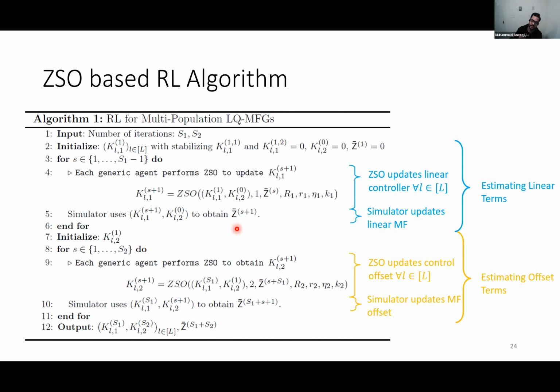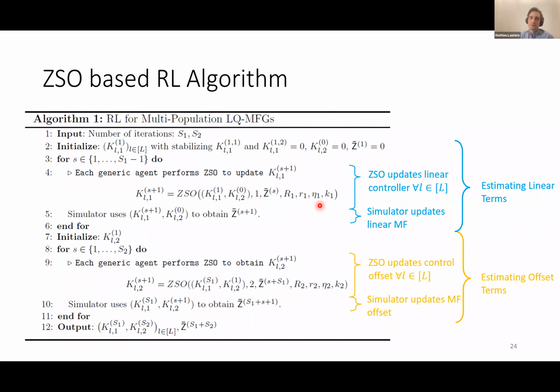If the K is non-stabilizing, then Z bar can actually blow up. So because we start with a stabilizing K, and then our cost in the ZSO is strictly decreasing. There are a lot of complications in the proof, and there are these small knots that need to be tied. So that's taken care of in the proof.